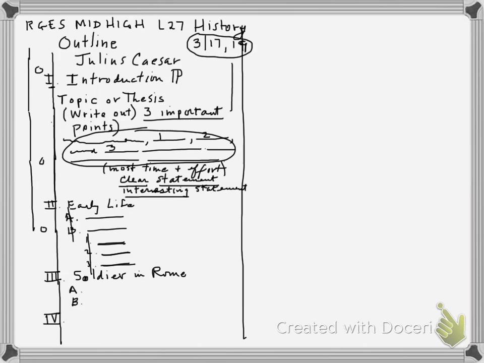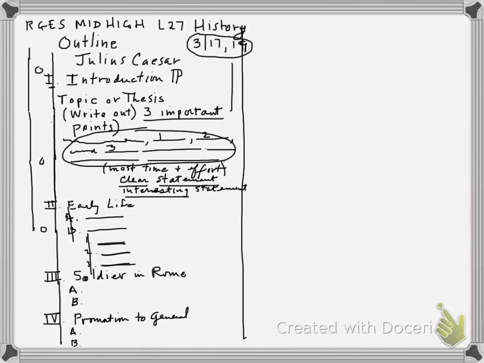Let's say that this is his promotion to general, and maybe you found some interesting information there. So you got promotion to general, and you can see a pattern emerging here.